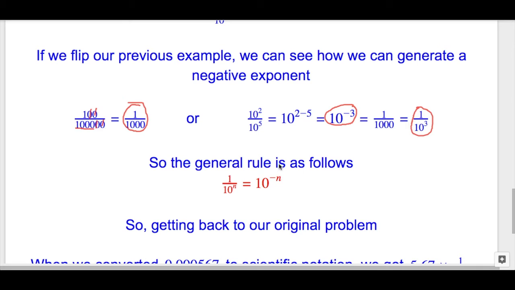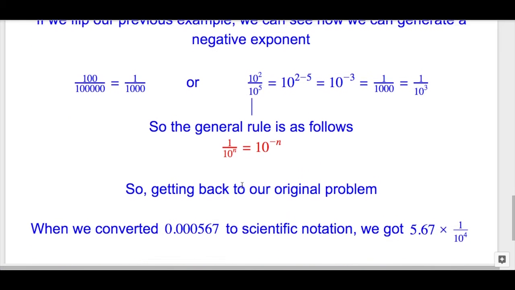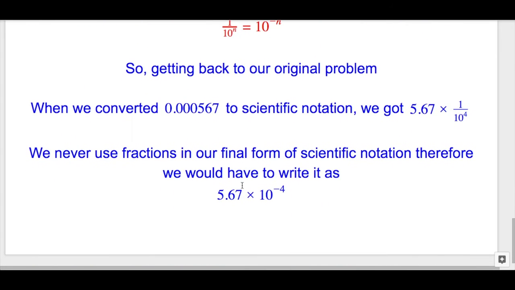So the general rule is as follows: 1 over 10 to the exponent n is equal to 10 to the negative n, n being any number. So that's a little review of some of our concepts in exponents and powers, but let's get back to our original problem.